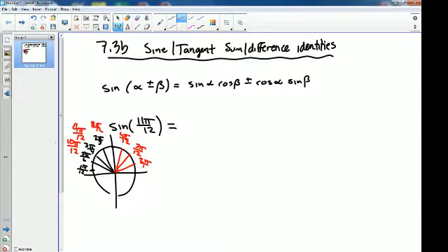You got it? Which ones? So we have 8 pi over 12 plus 3 pi over 12. I heard somebody say that one. 9 and 2. Take your pick, right?